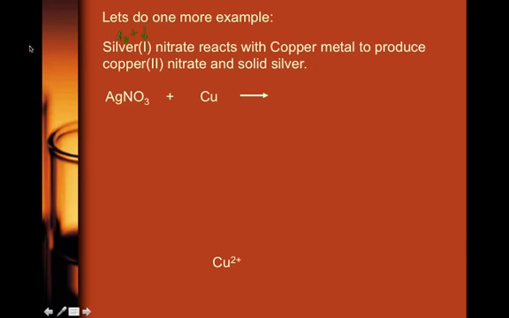The nitrate is still NO3, 1 negative. And so when you crisscross these, that 2 comes down over here. The 1 comes over. Put this in parentheses with the 2 on the outside. And you get Cu(NO3)2. And solid silver. So we're just talking about the silver metal. So there is our skeleton equation.